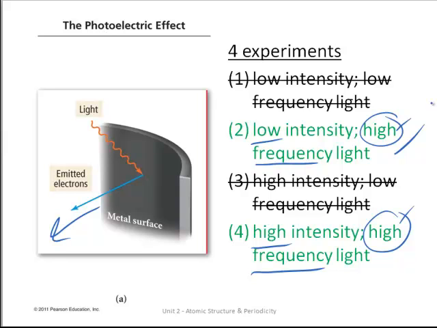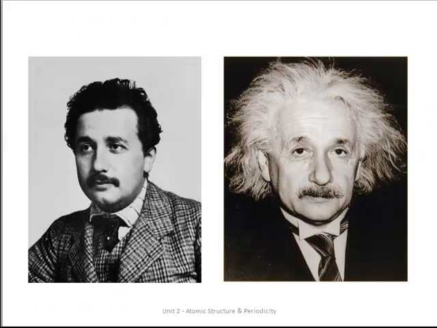an explanation, rather, was put forth by this gentleman, of course, Albert Einstein, pictured here on the left, about the time he was doing these experiments in his younger days, and of course the more famous photograph of his later years with a little bit crazier hair.